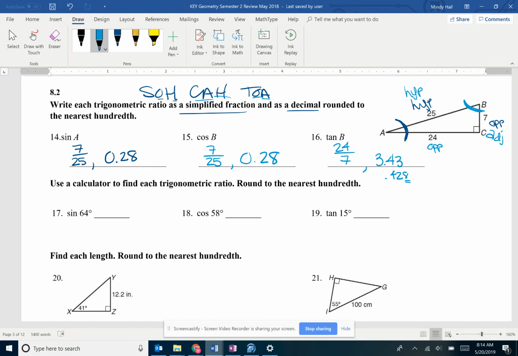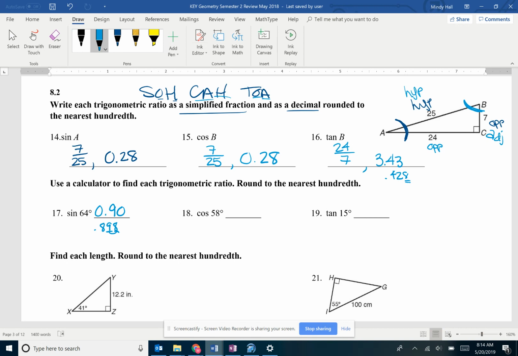Then, using a calculator to find the trig ratio, you just have to grab your calculator and type in sine of 64, and that gives you 0.898. Because we were rounding to the nearest hundredth, we look at that 8. That 8 tells us to go up, so 0.89 now becomes 0.90.